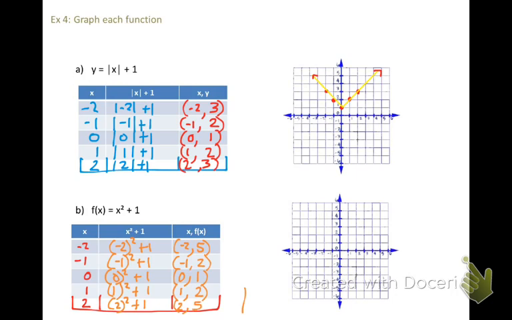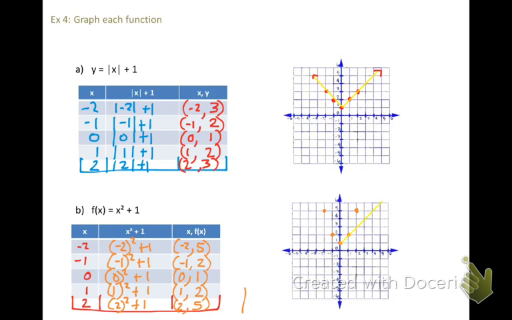Now you're going to graph it. So it's -2, 5, -1, 2, 0, 1, 1, 2, and 2, 5. Now it's a little different. It's not a V. It's not going to go straight.